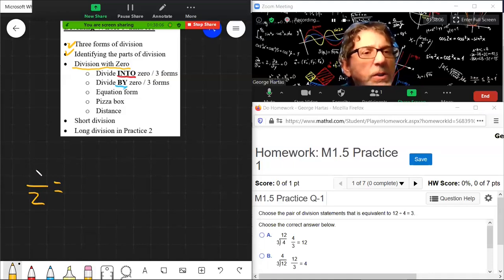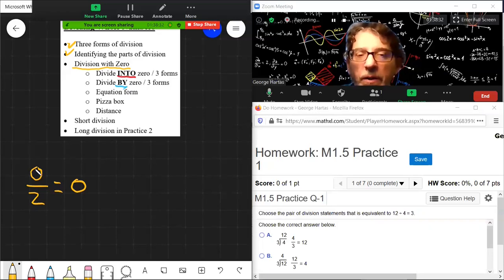Let's say we have this. 0 divided by 2. And let's say we don't know, is the answer 0 or not defined? I don't know, but I'm going to guess 0. I'm going to take a guess here because I forgot. Okay. I'm not sure. Well, I can check, right? I can check because can I say 2 times 0 is 0?